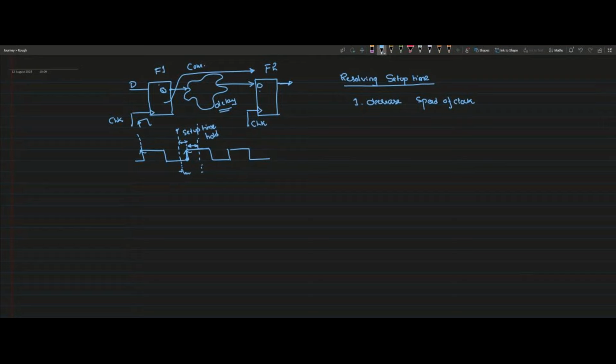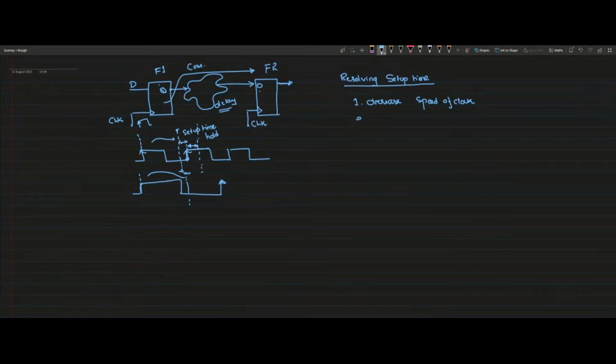If I decrease the speed of the clock, at this rising edge I will capture the data. Whenever I say I am decreasing the speed of the clock, basically I am pushing the next rising edge farther away. The time of arrival is fixed, this logic is fixed, so the data will still be ready somewhere here. So one way is to decrease the speed of the clock, pushing the next edge of the clock farther away.